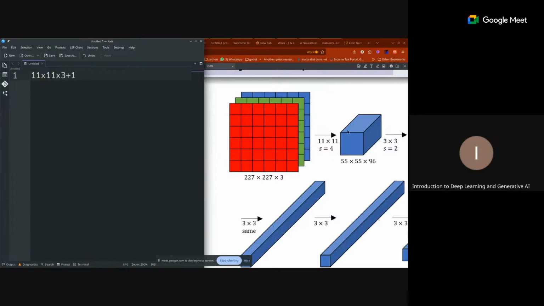So if we have to identify the whole parameters in this one layer, this one layer also has 96 such kernels. So this is the number of parameters in one kernel in this layer, right? So if we have 96 such kernels, the total number of parameters in this particular layer is this.